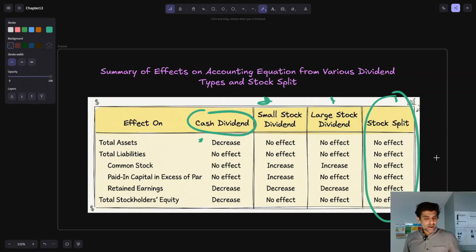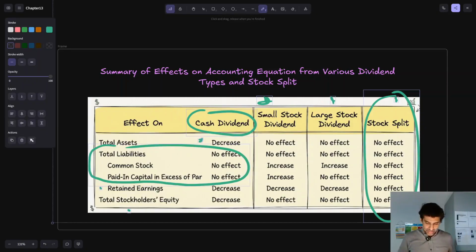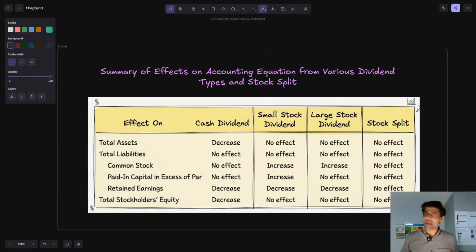There's no effect on any of this stuff, but of course your retained earnings is going to decrease, as we know from the accounting equation, and your equity is going to decrease. So the cash dividend is real. You're taking real value and giving it out to your shareholders. That's going to have a real effect on your balance sheet because you're taking something real.